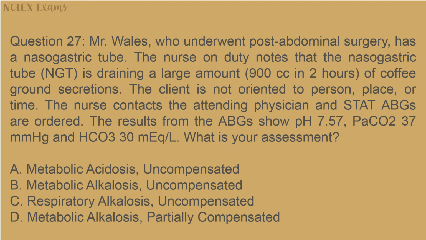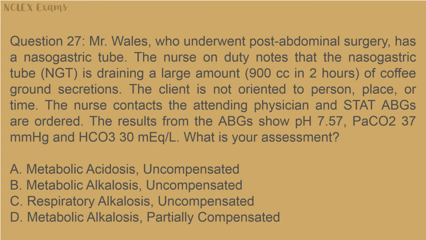Question 27. Mr. Wales, who underwent post-abdominal surgery, has a nasogastric tube. The nurse on duty notes that the nasogastric tube, NGT, is draining a large amount, 900 cc in 2 hours, of coffee ground secretions. The client is not oriented to person, place, or time. The nurse contacts the attending physician and STAT ABGs are ordered.